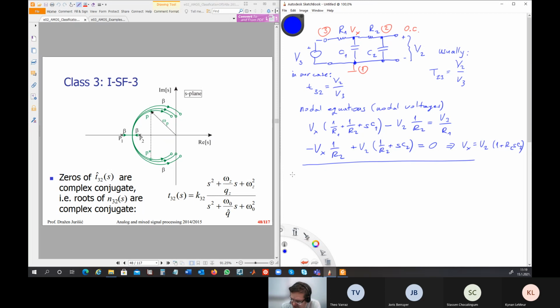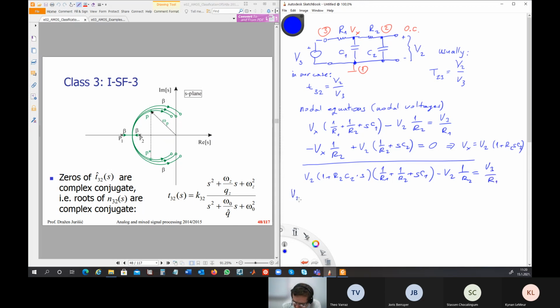Very quickly we will solve it now, just to see what we get. V2 times (1 plus R2 C2 S) times (1 over R1 plus 1 over R2 plus SC1) minus V2 times 1 over R2 is equal to V3 over R1.